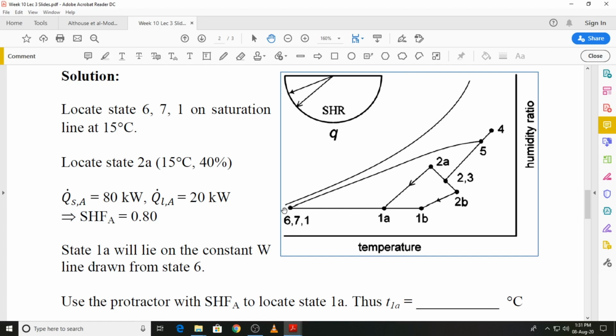So we might have state 6 somewhere over here. Let's say it is over here, and this is on the saturation line. I'll just try to extend it slightly. So this will be at 15 degrees C.